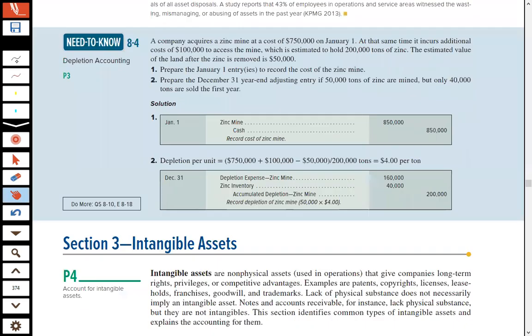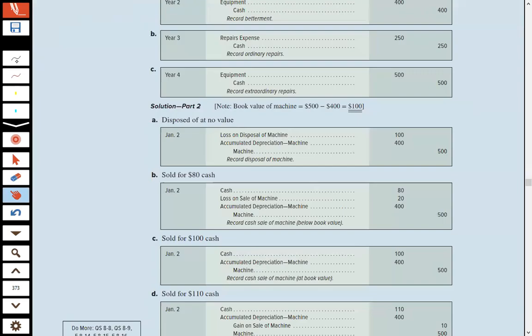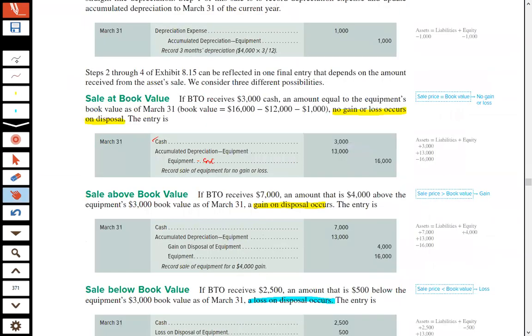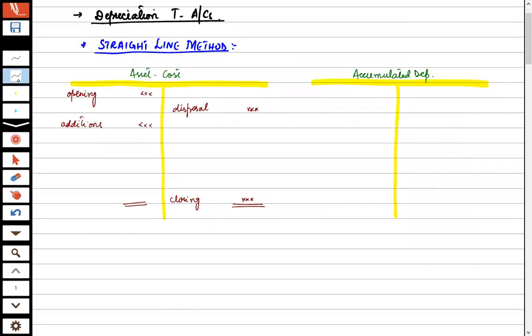That is, this one, the total cost? Yes, at the cost, not the book value. So this disposal should be recorded at cost, the asset which we had disposed of. Clear?